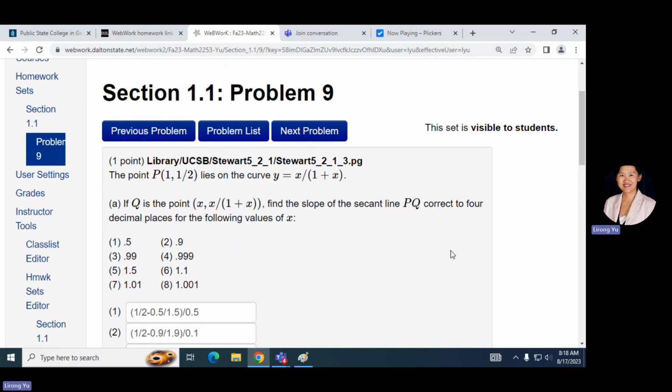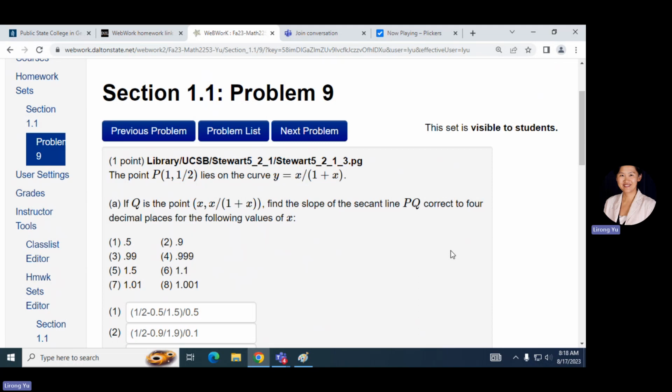Alright, so this is question number 9. The function is y equals x over 1 plus x. That's how we calculate the y value for each point. The question says we have one point that's not changing. So P is when x equals 1. So 1 over 1 plus 1, that's 1 over 2.